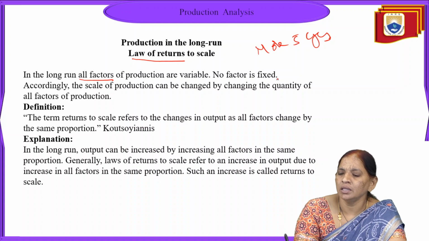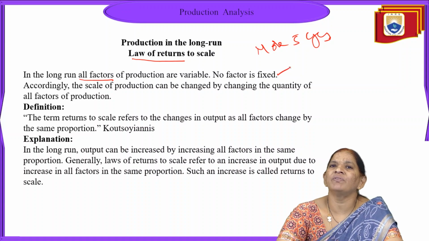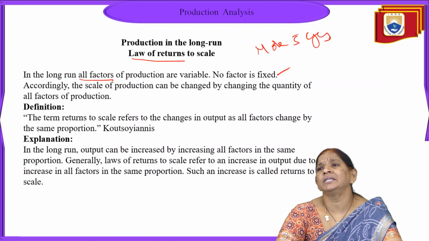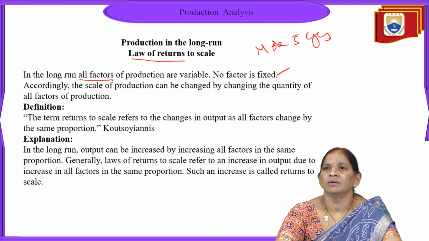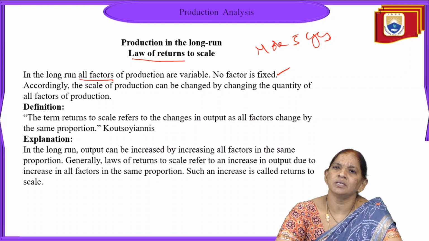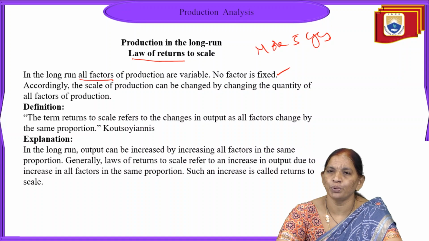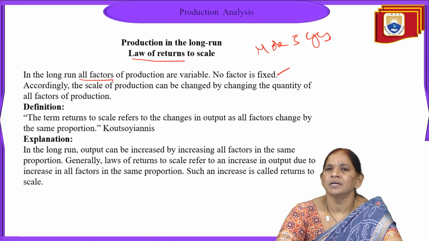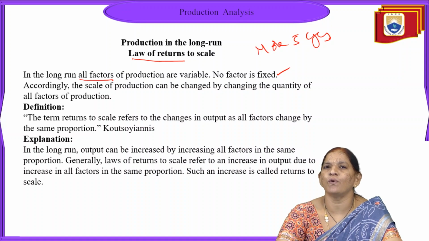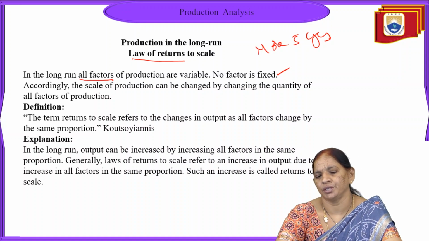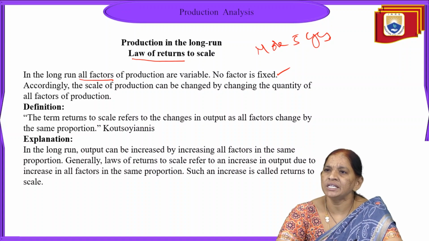So in the long run production function, no factor is fixed. Due to the time available, we are able to make whatever changes are necessary in production. According to this, the scale of production can be changed by changing the quantity of all factors of production, that is, each and every factor in the production function.